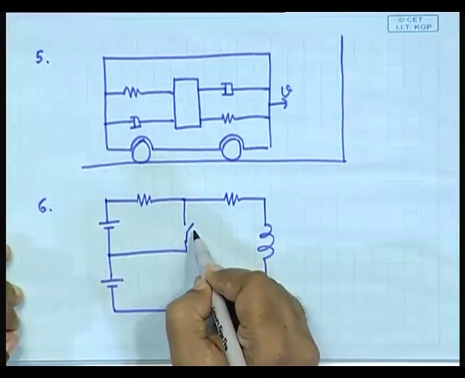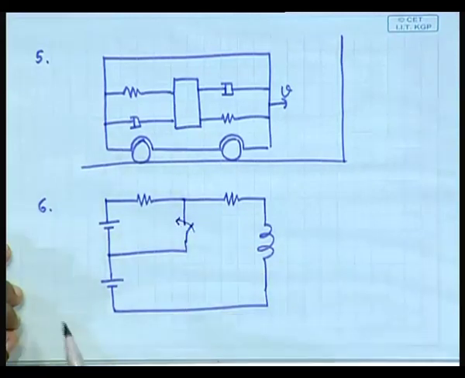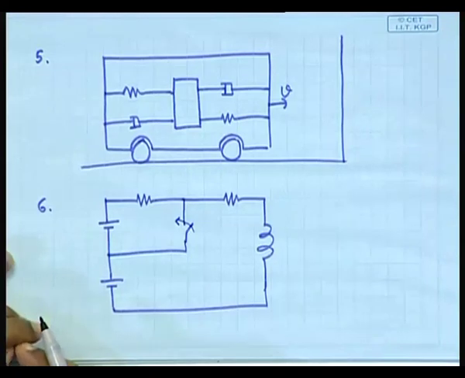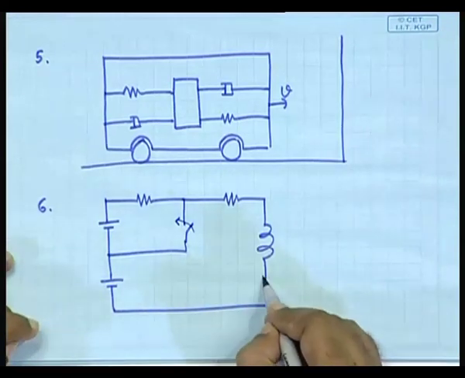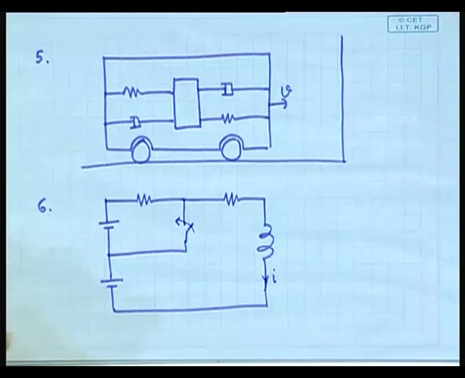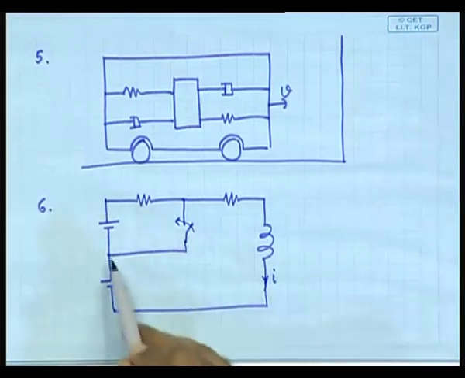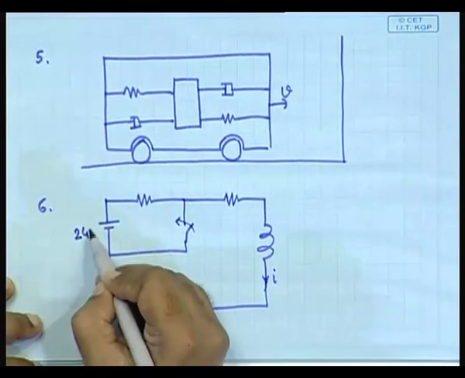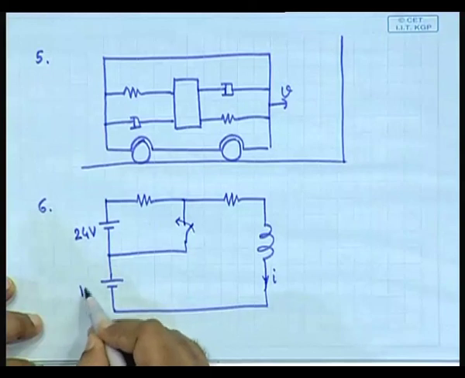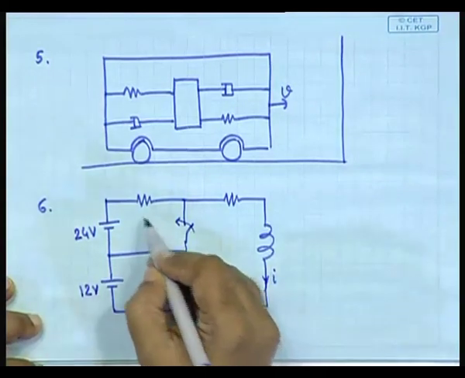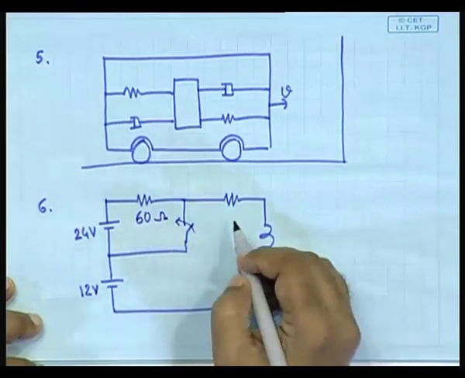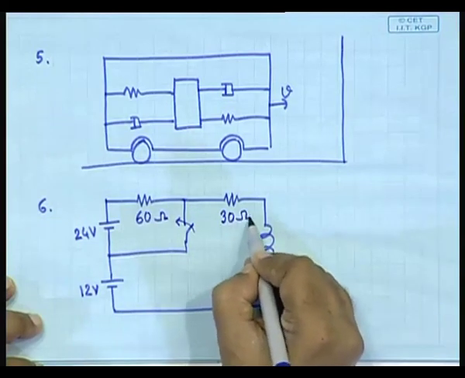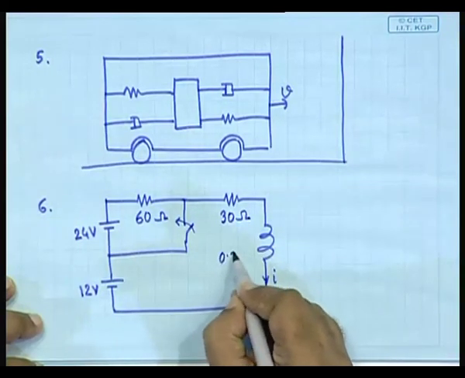At t equal to 0 it is closed. You have to find the waveform for this inductor current I. When it is open, it is this circuit. This is 24 volt, this is 12 volt, this is 60 ohm, this is 30 ohm and this is 0.3 Henry.